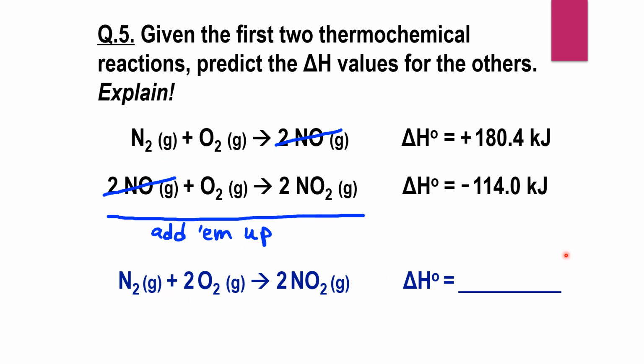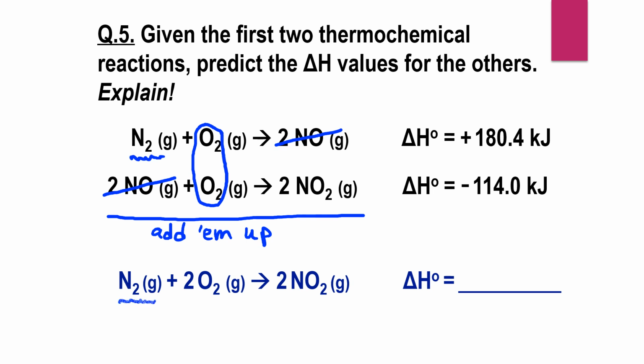Then I'm going to do the same thing to my enthalpies, my delta H's, from the equations that were given to me. In this case, I'm going to add 180.4 and subtract 114 kilojoules, or you can think of it also as 180.4 add negative 114.0 kilojoules.